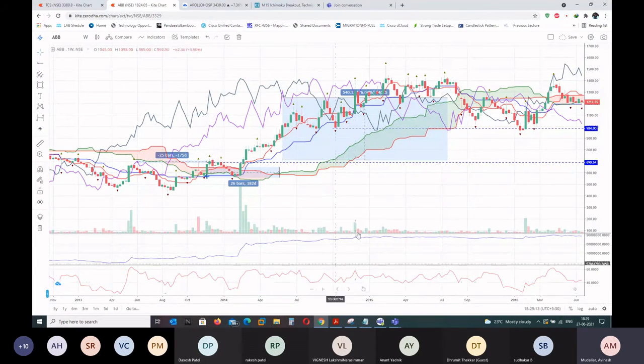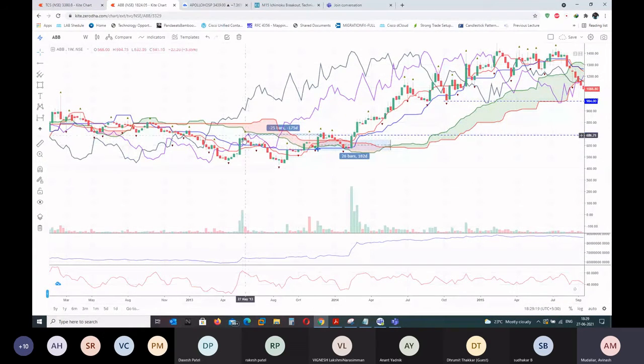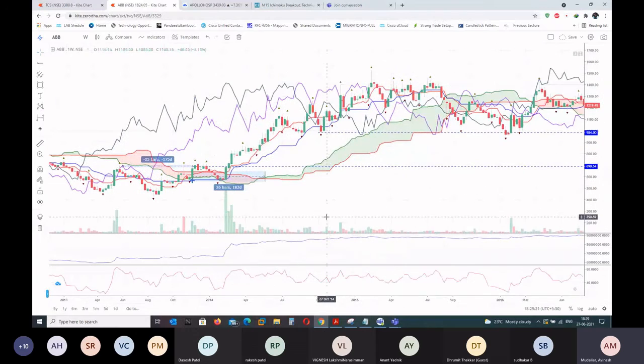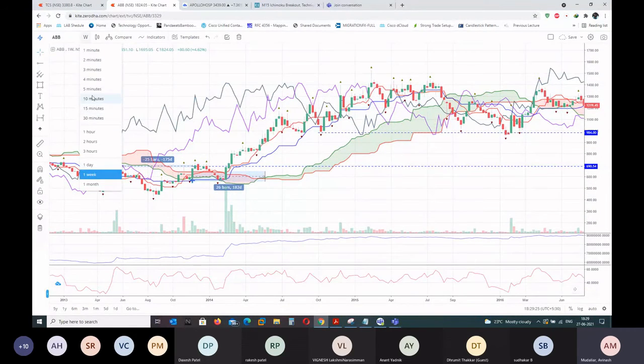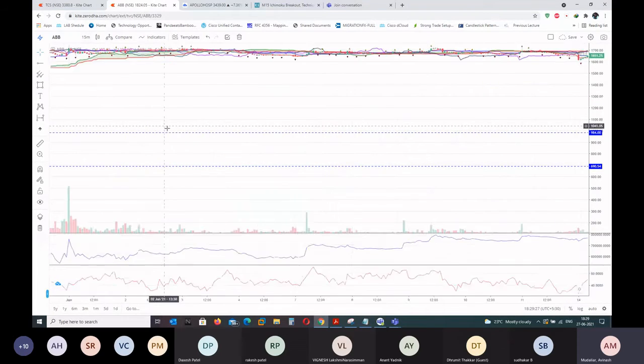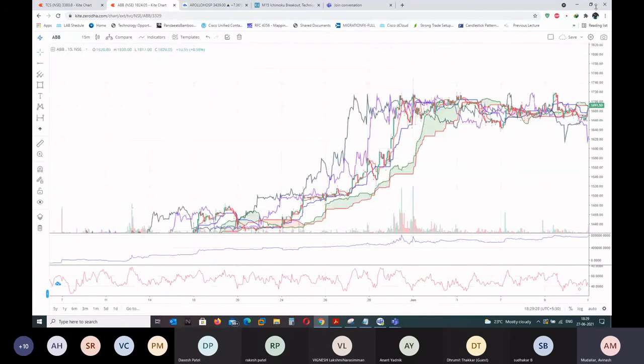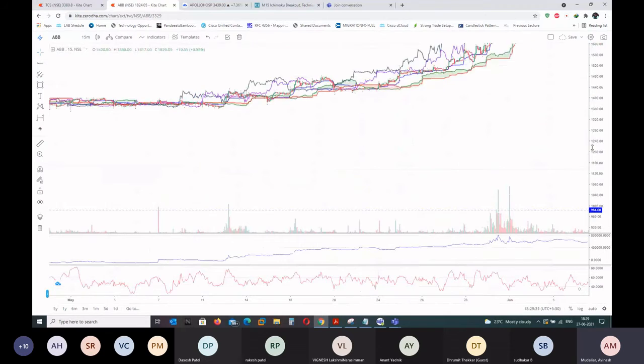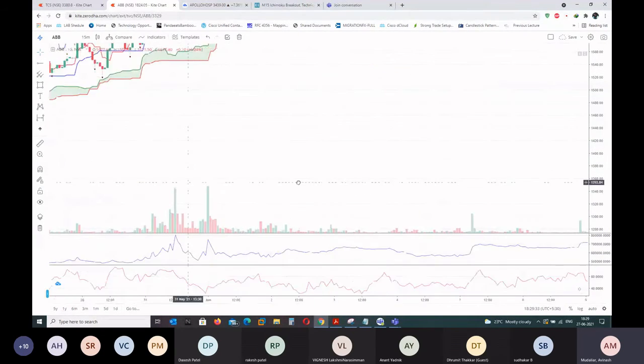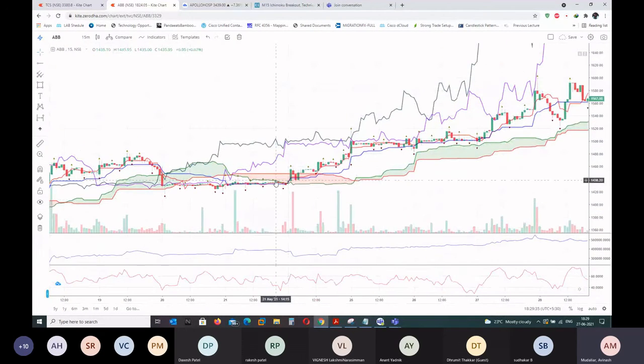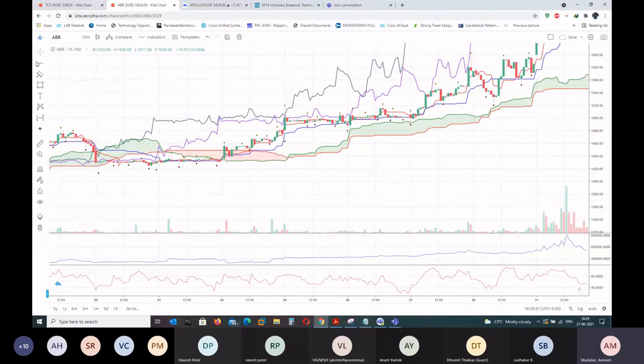If you had the patience, you would have made this money, assuming this Chikou was free. The same concept you can apply on any time frame, be it 15 minutes or M5. You can use the same concept everywhere. The only thing is, the rules should match. For example, this one.